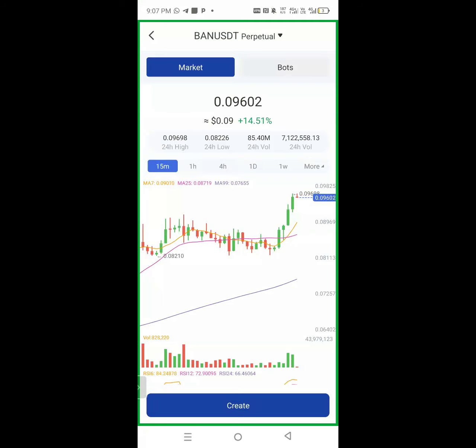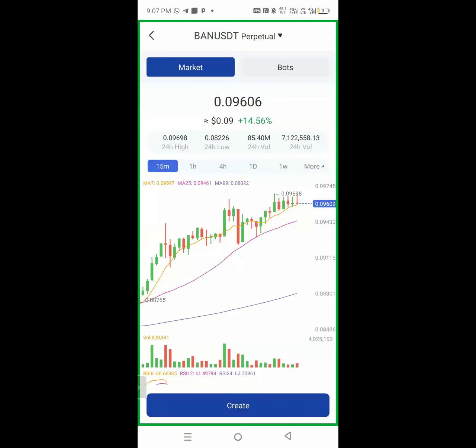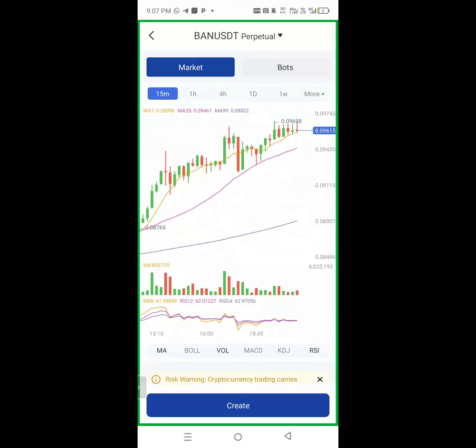Let me use, so you can see even on the 15 minutes, RSI 6 is on 61. RSI 12 is on 62. Okay, so you can see in 15 minutes they have been consolidating.